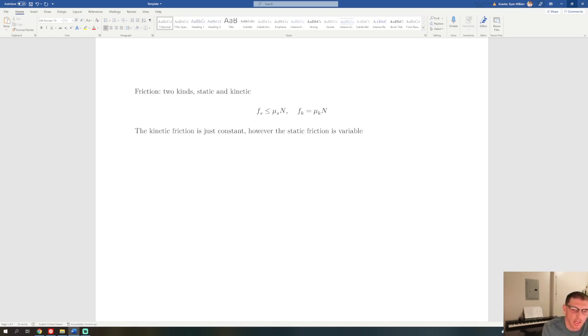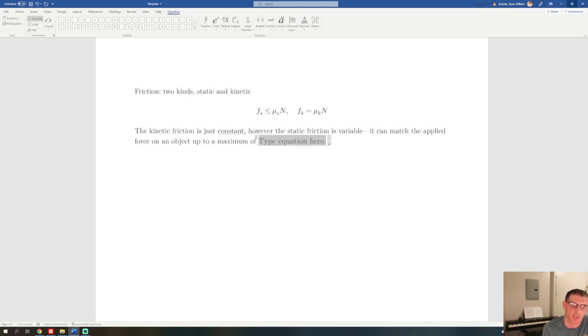And let me just say this, it can match the applied force on an object up to a maximum of, and we'll just say something like f_s max, and then this will be given by an equality, right?